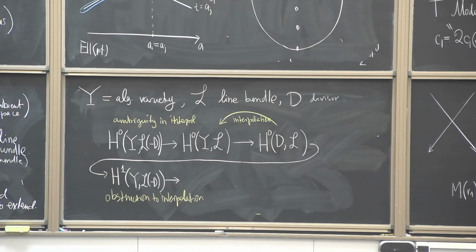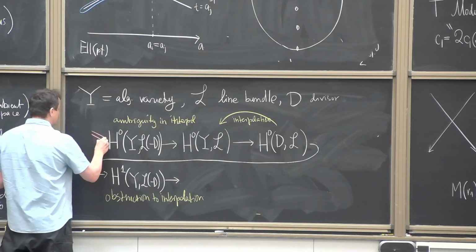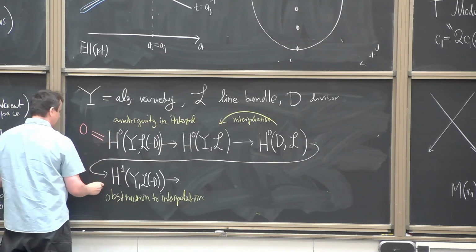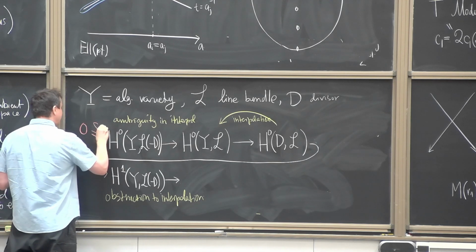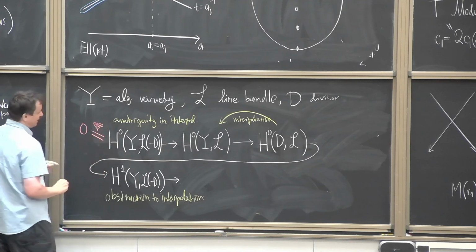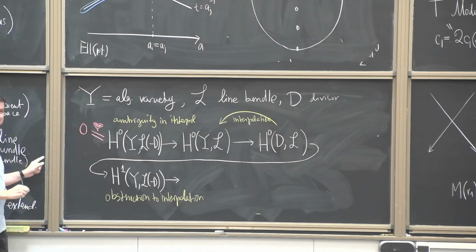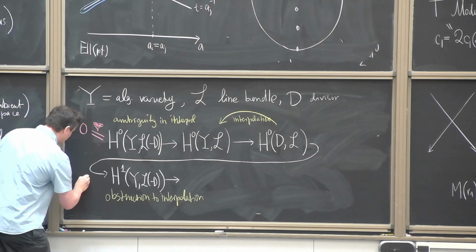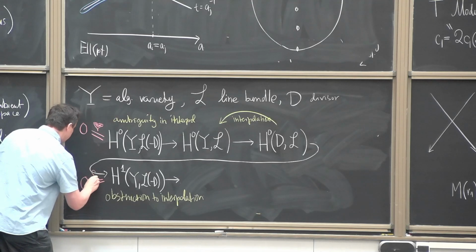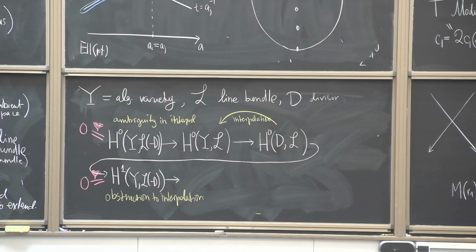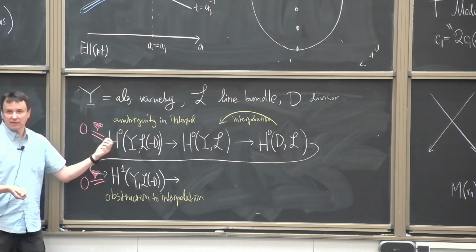So to have a unique solution of the interpolation problem, you would like this group to vanish. This is mathematical notation that you would like this to happen, and you would like this to happen. If these two things happen, then the interpolation has a unique solution.